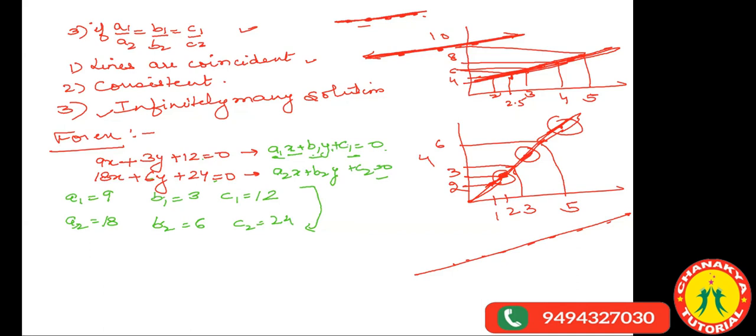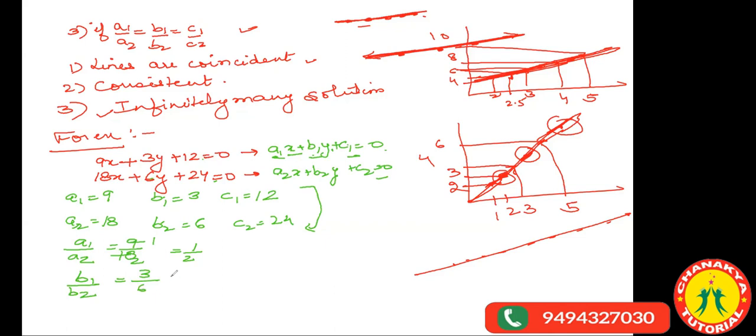Clear? Now find the fraction A1 upon A2. Ayonija, tell me the fraction A1 upon A2. 1 by 2. Yes, 9 by 18. 9 ones are 9, 9 twos are 18. So it will be 1 by 2. Sudhamshu, tell me the fraction B1 by B2. 3 by 6.